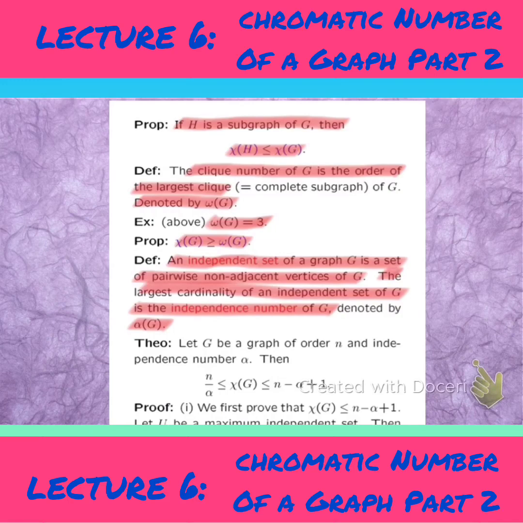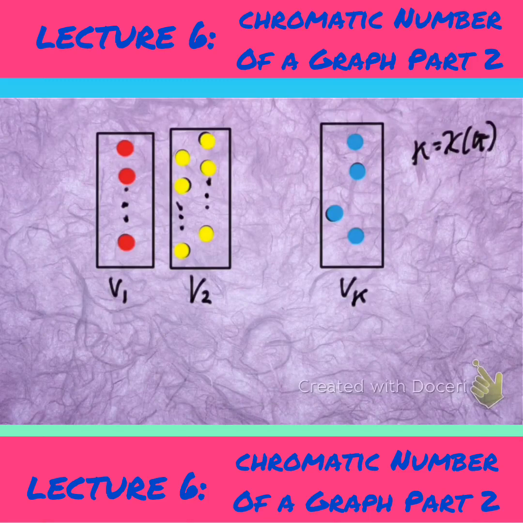Now, if G is a graph of order n, and it has independence number alpha, then the chromatic number lies between these two quantities. Now why is that the case? We're just going to investigate that quickly. Let's look at the lower bound first. Let's assume that the chromatic number of the graph is k, and therefore we can partition the vertex set of G into k partite sets.